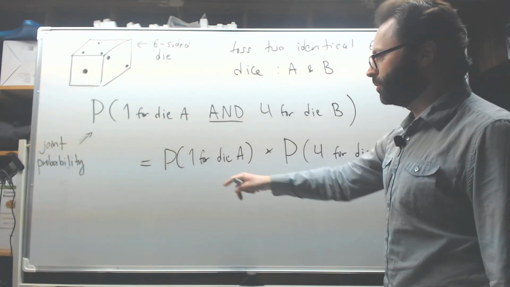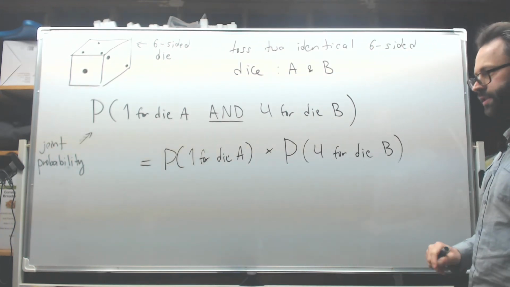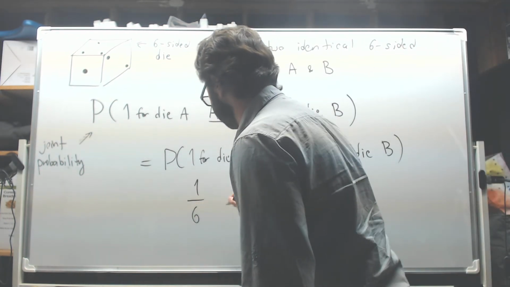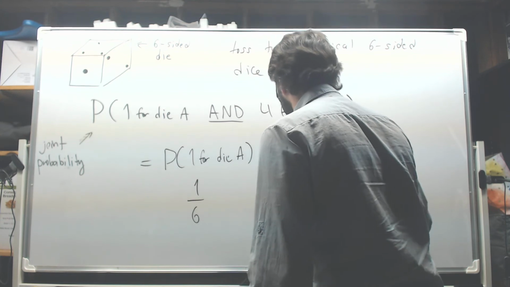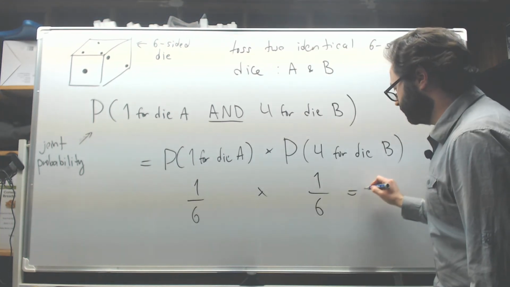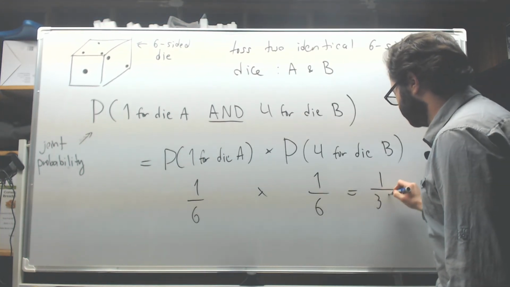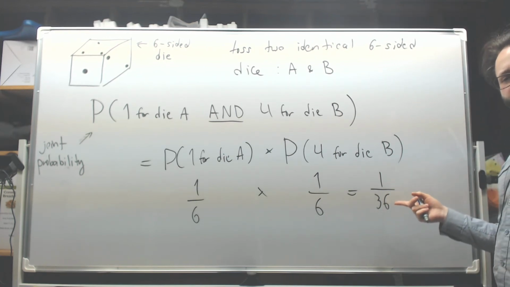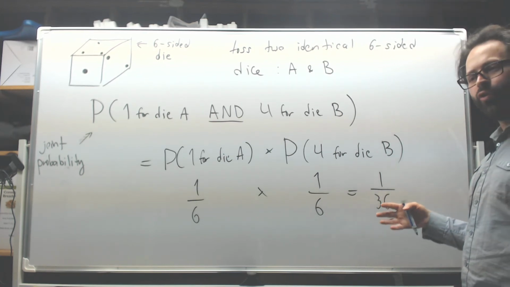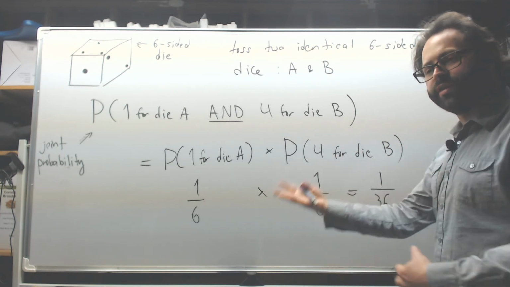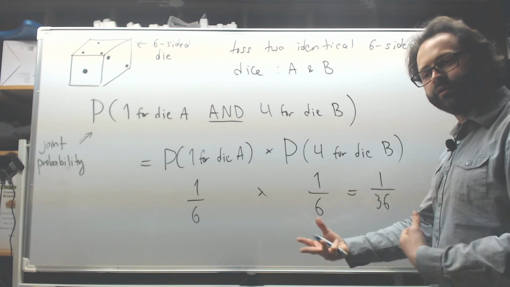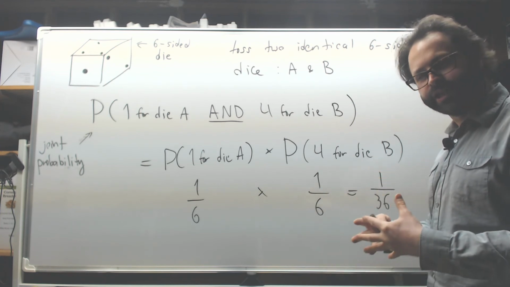And we know the probability here for any face is 1/6 and any face is 1/6. So this is 1/6 times 1/6, which is 1/36. Notice that before, when we were asking about the probability of this or that, we were satisfied by two mutually exclusive outcomes as our composite inference.